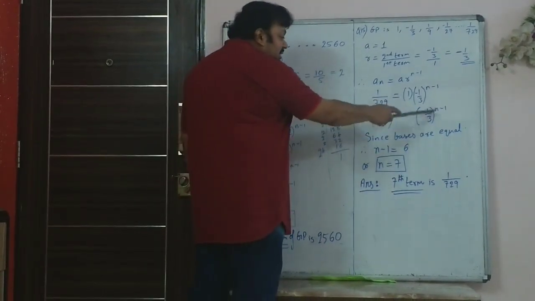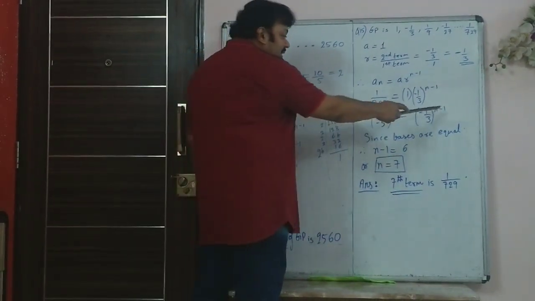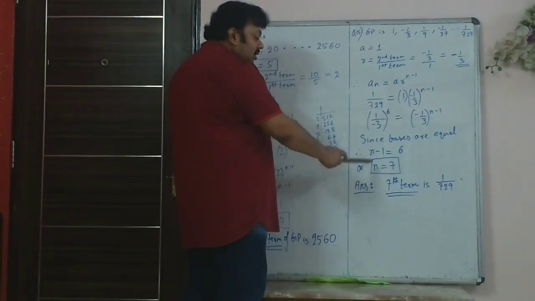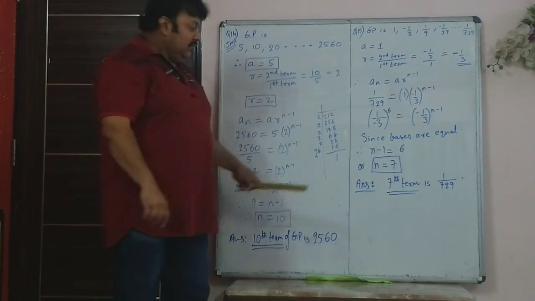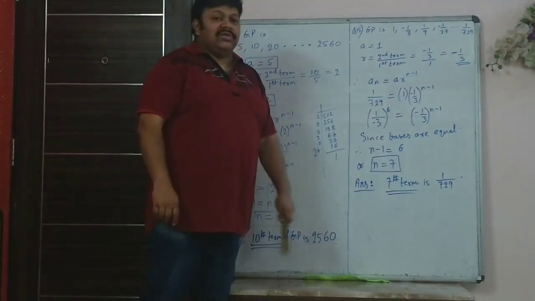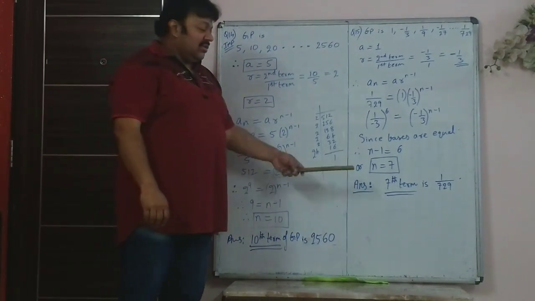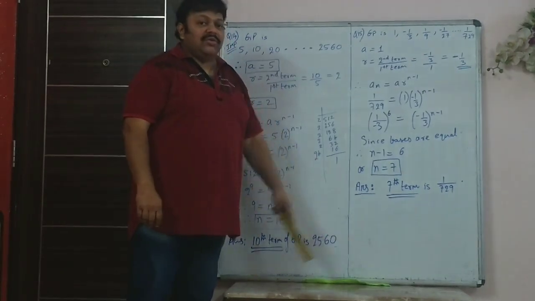Both the bases are same, that is minus 1 by 3. So comparing the indices, you get 6 is n minus 1, or n is equal to 7. So n is 7, so the seventh term of the GP will be 1 upon 729.